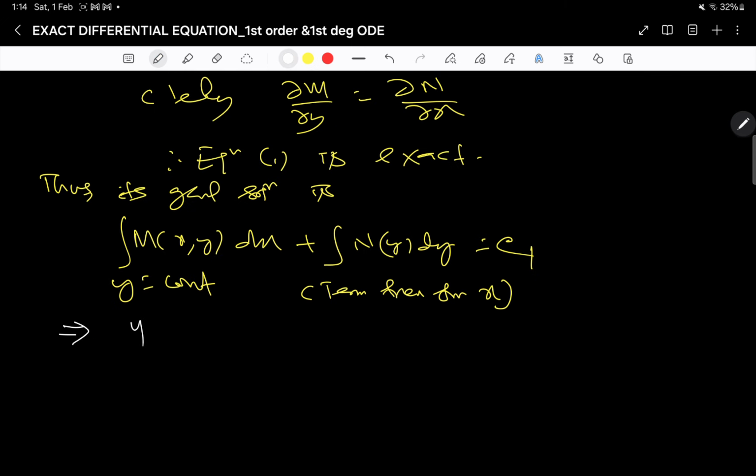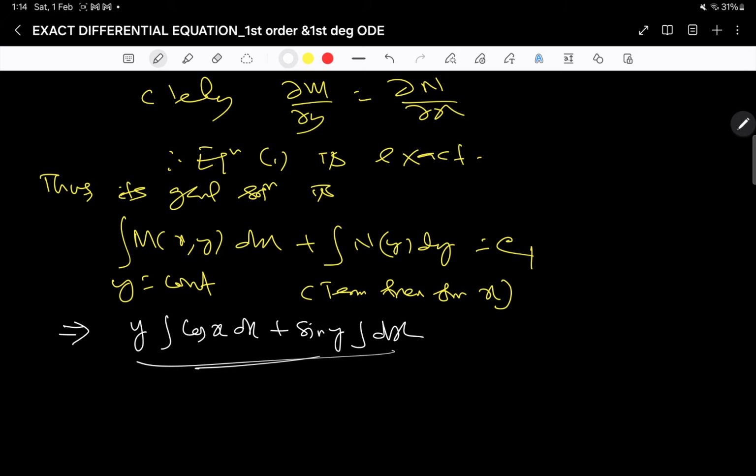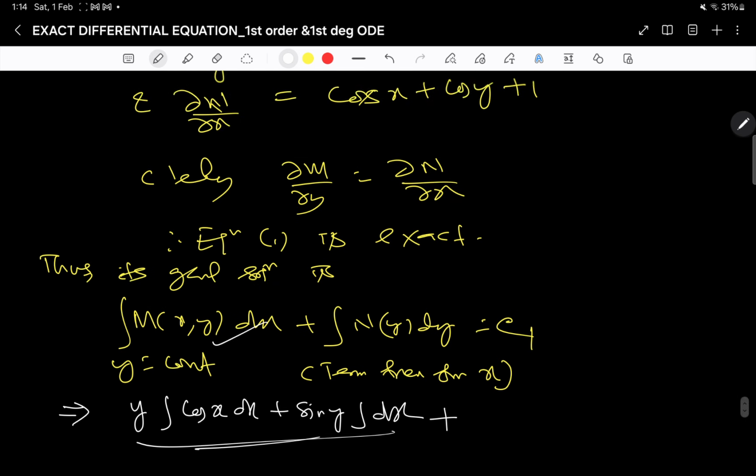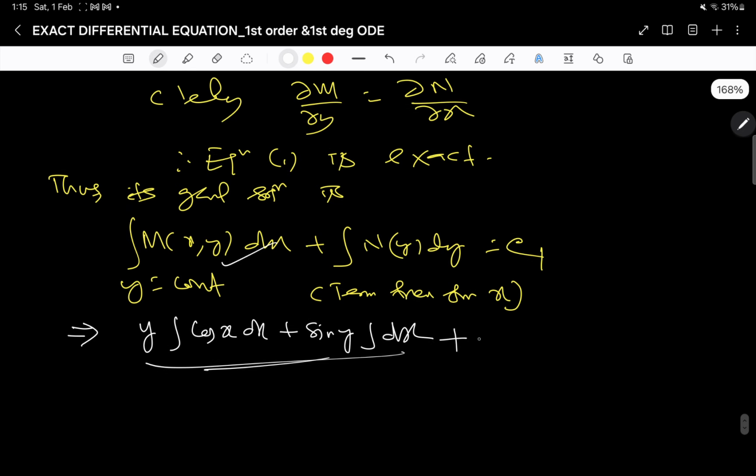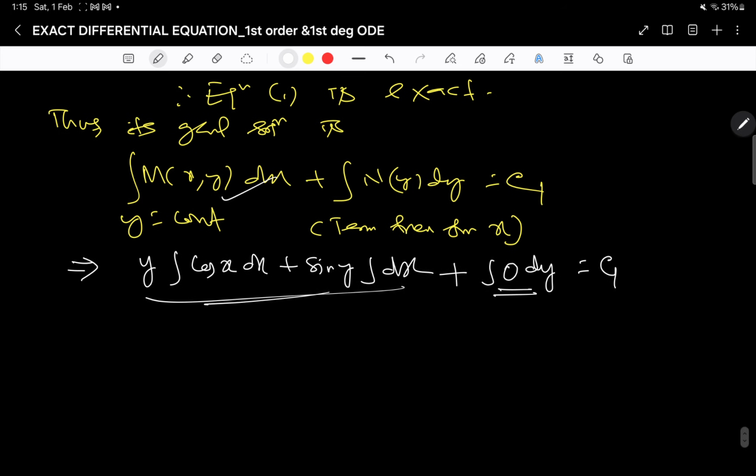So this implies y into integration of cos x dx plus sin y into integration of dx. So this is your M dx. Now plus N dy, in N the terms free from x. This is not free from x, this is also not free from x. So there is no term free from x, independent of x, so it is 0 dy, equal to my constant c1.